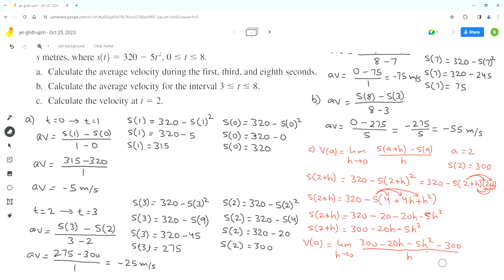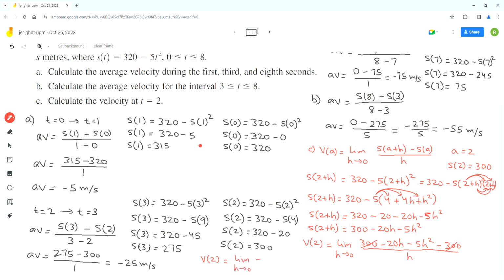Now we can cancel out the 300. So now we'll be left with, instead of a, we should also use 2. So it's not v at a anymore. So v at 2 equals the limit as h approaches 0.